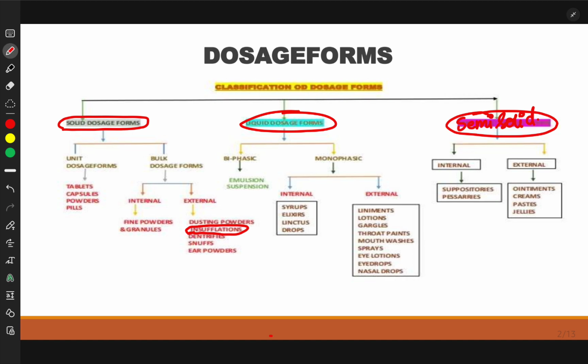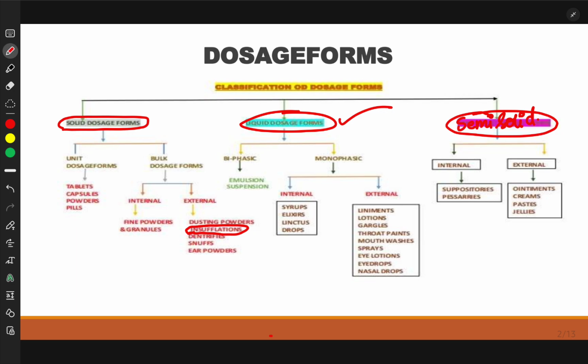See, next, liquid dosage form. Here, liquid dosage forms play a major role in society. Even though they are used less, they have very high potency, because the drug is suspended in the liquid dosage form, and they are highly active, more absorbable than tablets.